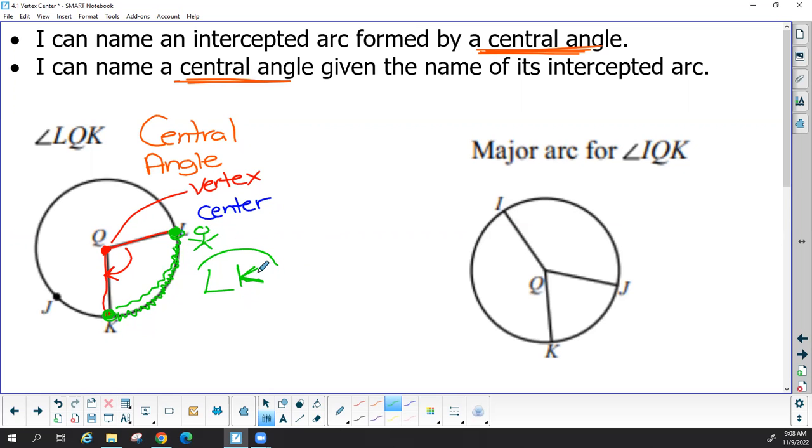So this reads arc LK. And this happens to be what we call a minor arc because it's less than 180 degrees.